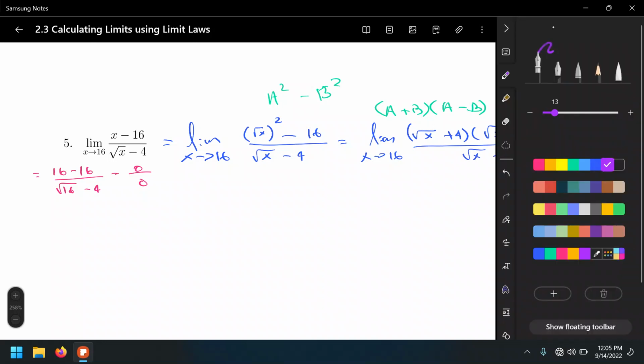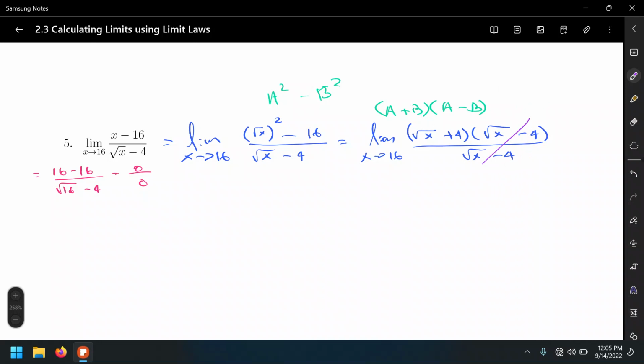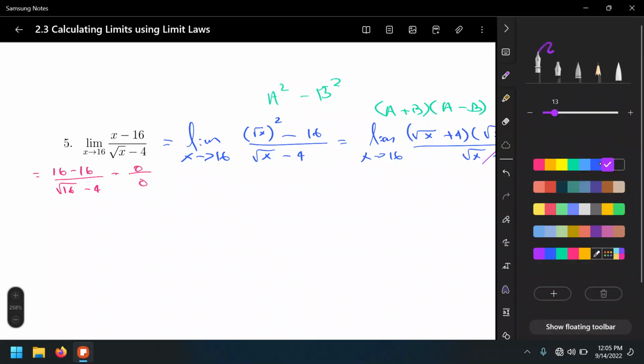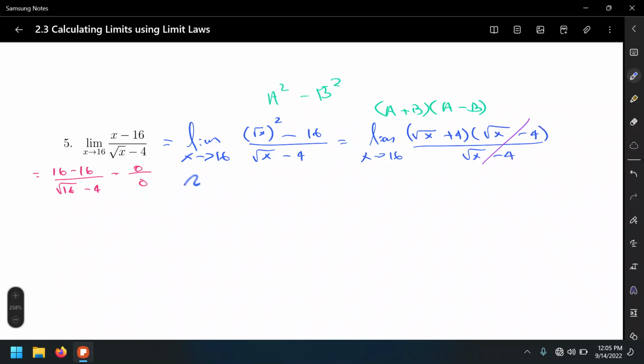In this case, we may divide out these two terms. And in fact, those two factors that we're canceling are the ones that are causing the troublesome 0 over 0. After canceling these two factors, we can say that we're in a safe place.